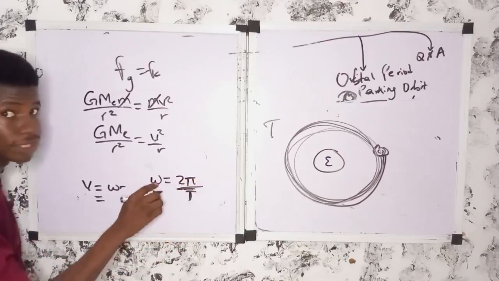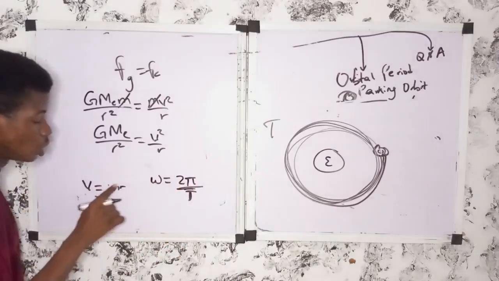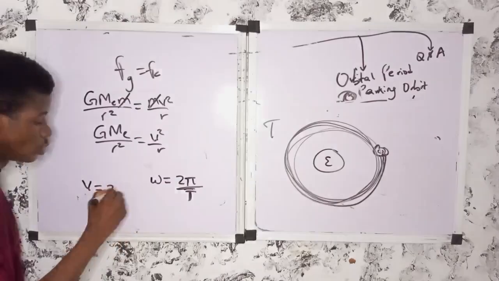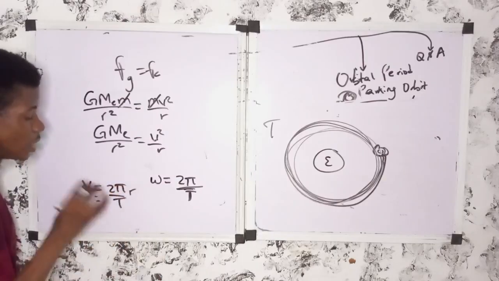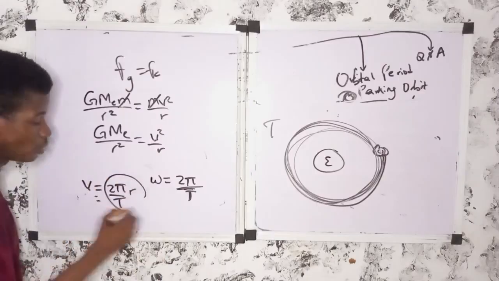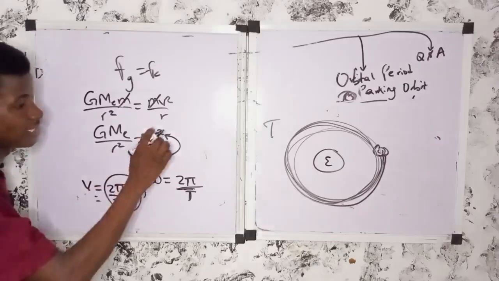Omega, which is angular velocity, equals 2 pi over T. So in place of omega, I put 2 pi over T. Then don't forget about the radius, right? So in place of v, I'll put 2 pi r over T in this place.